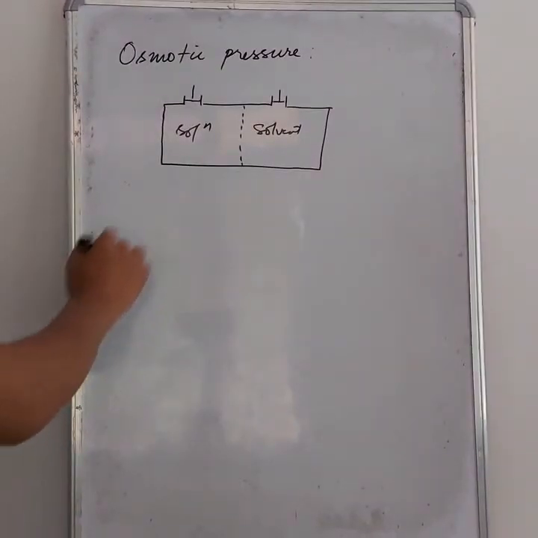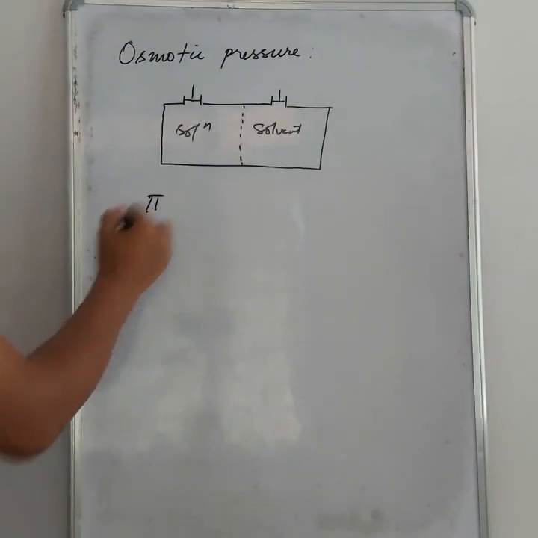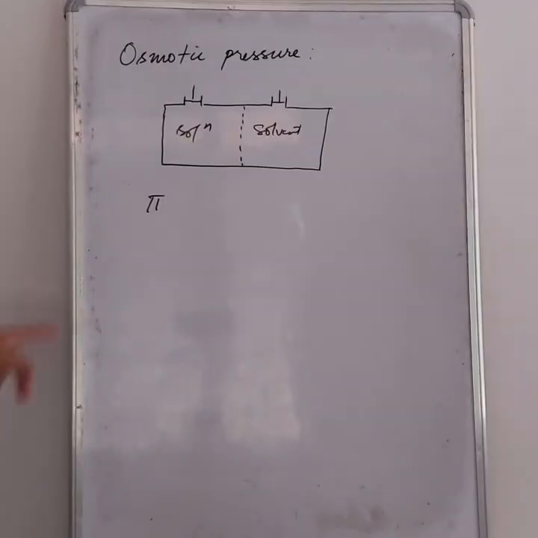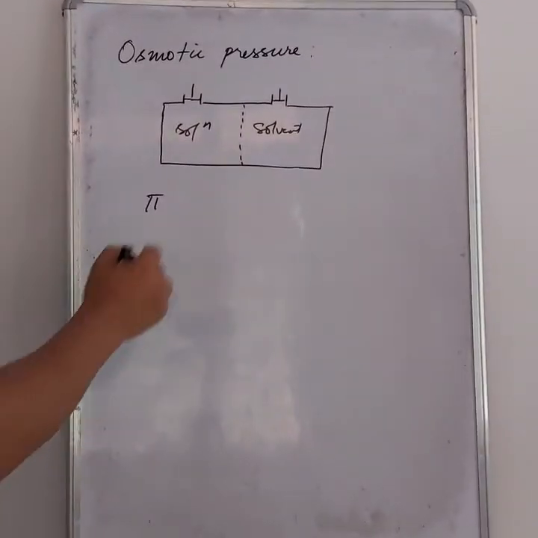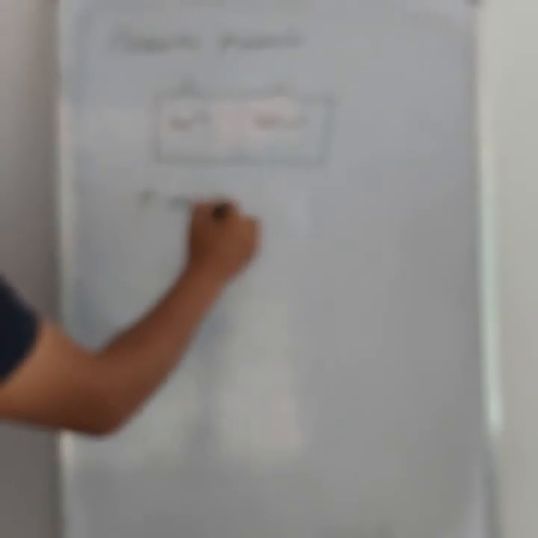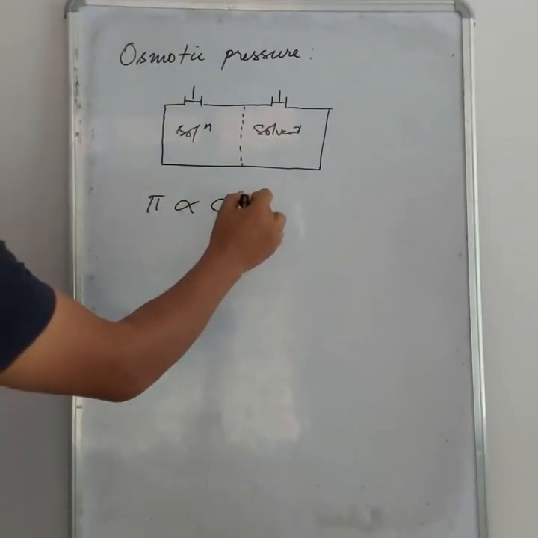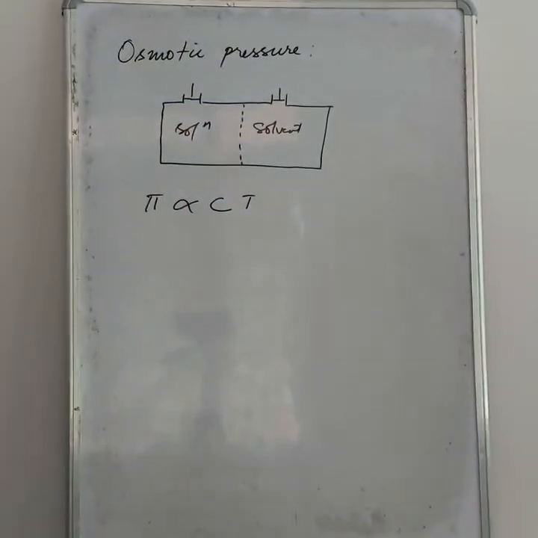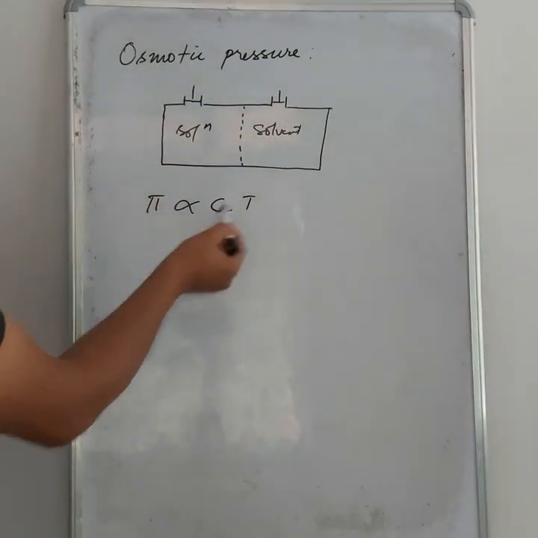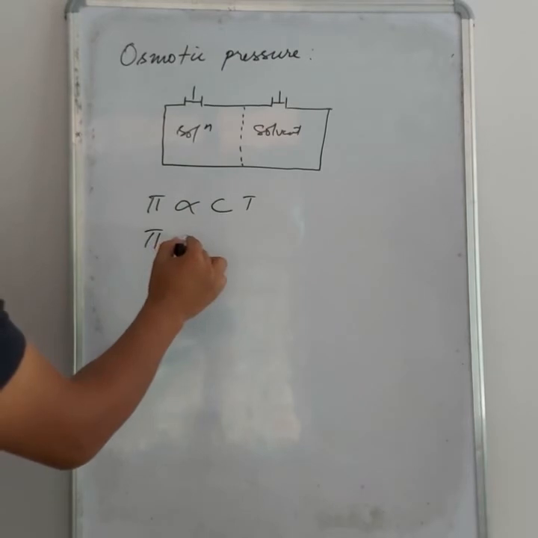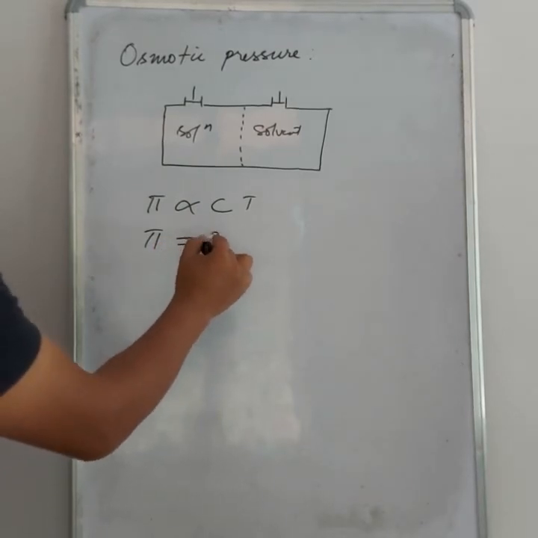Osmotic pressure is denoted by the Greek letter pi. And this pi is directly proportional, as we have seen, to the concentration of the solution, and it's also directly proportional to the temperature. So if we change this proportionality into an equation, we use the gas constant.